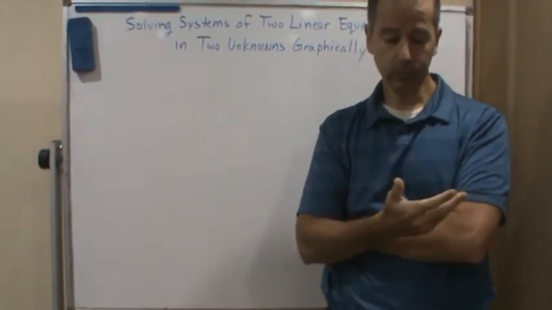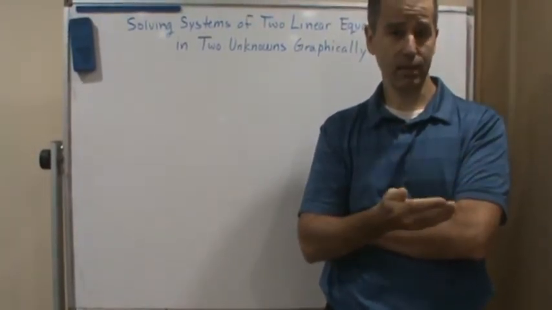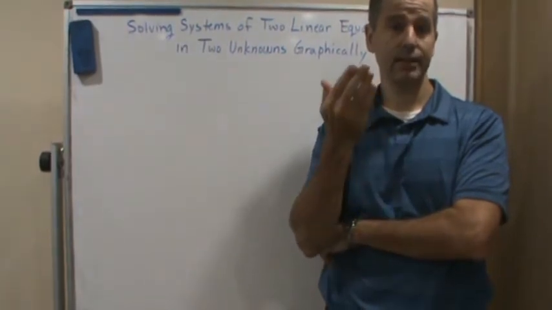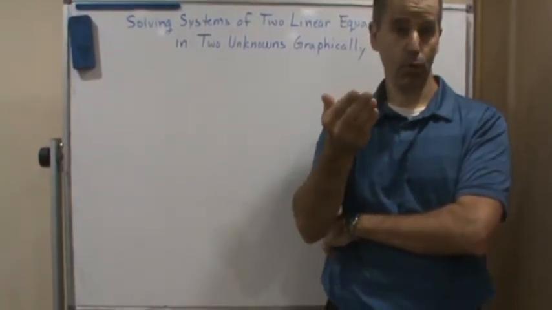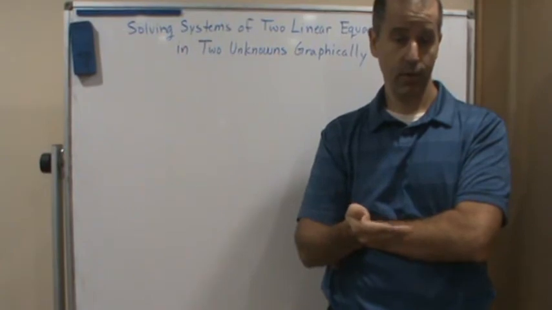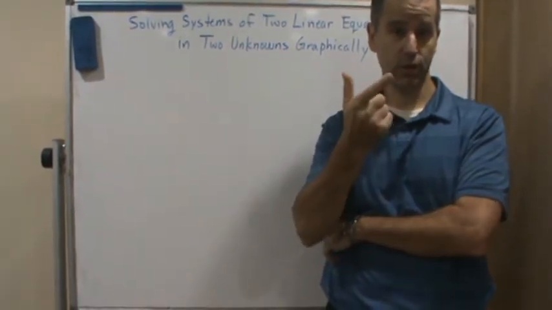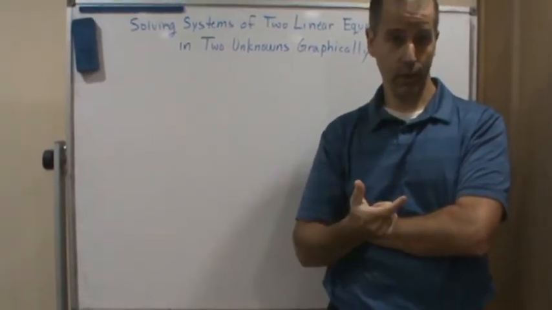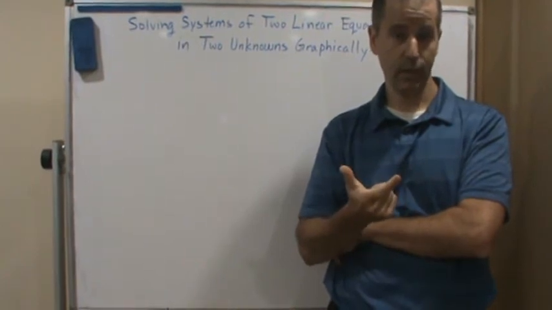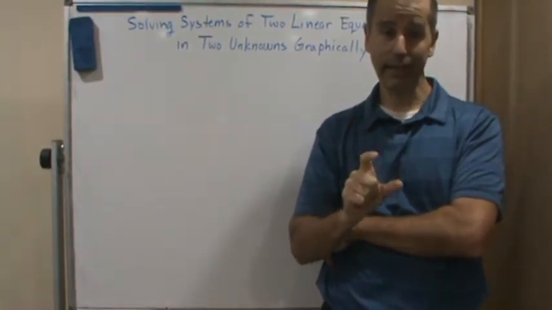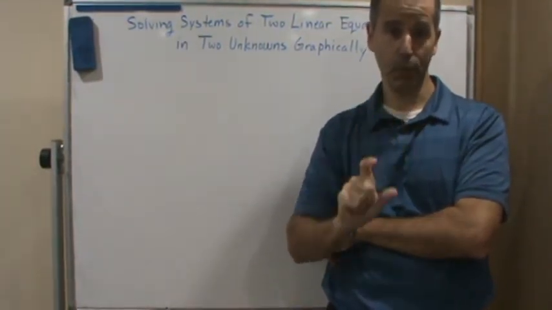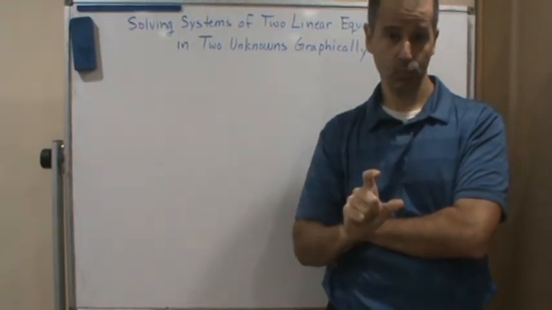So the solution to the system is a solution that satisfies both of the equations. The point has to be a solution to both equations simultaneously, which means, graphically speaking, it has to be a point on both of the lines.